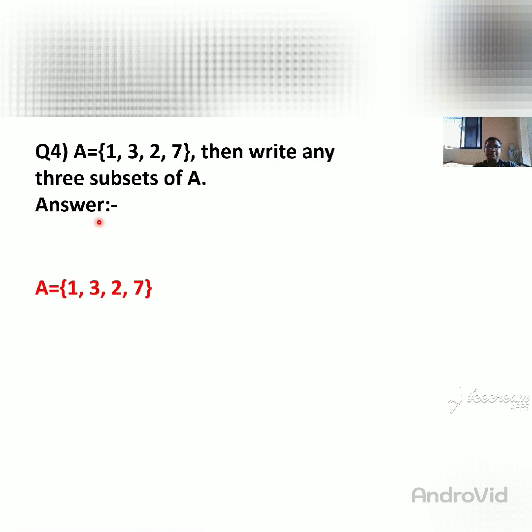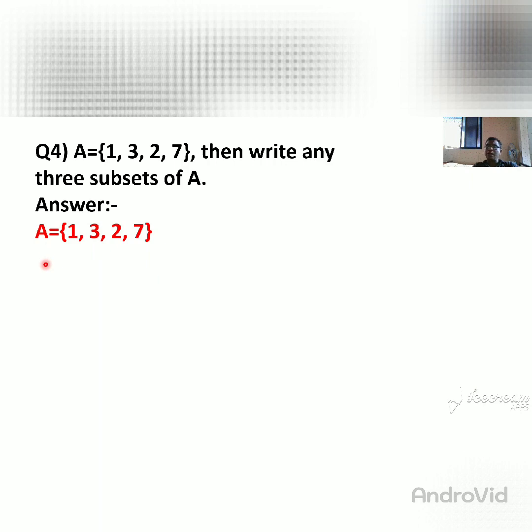Here is A, and set A has 1 3 2 7. So 1 is also a subset, 3 is also a subset, 2 is also a subset, and 7 is also a subset, written separately. If you write each element separately, there is the possibility of 4 subsets.